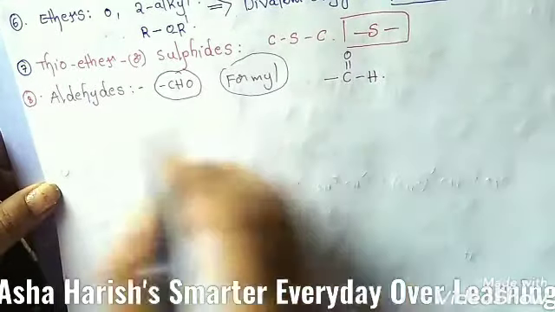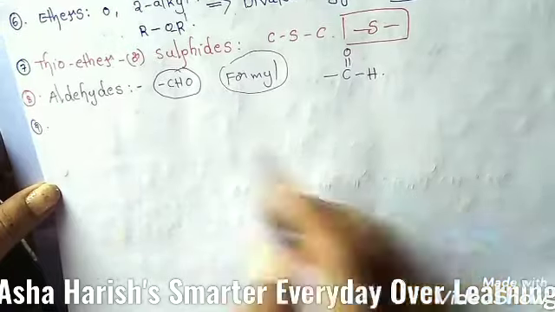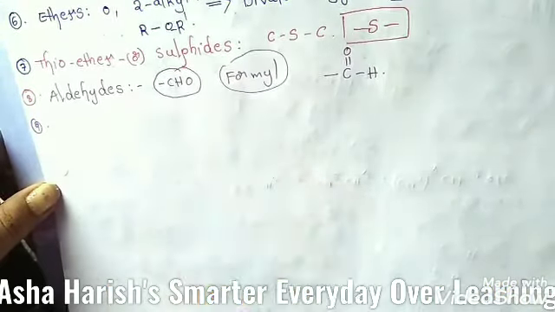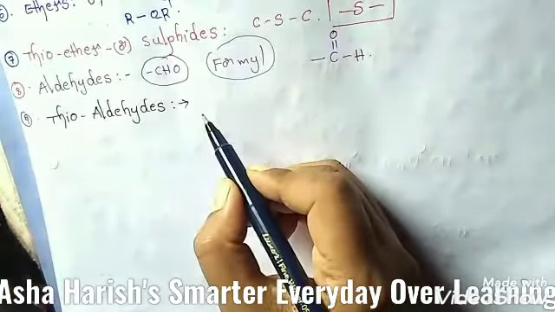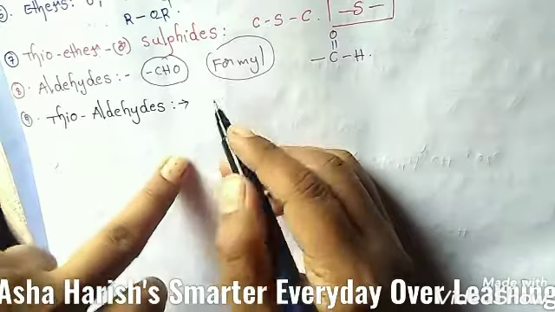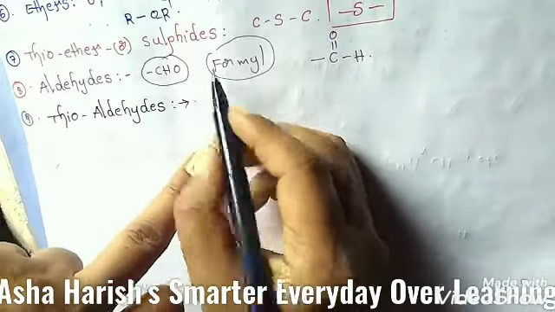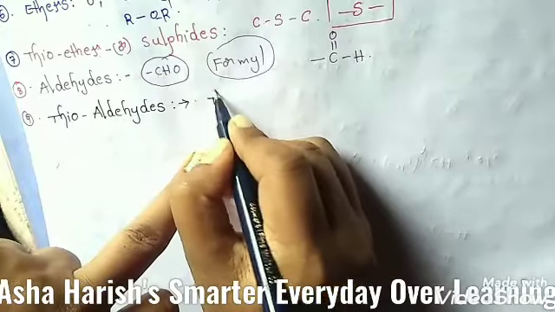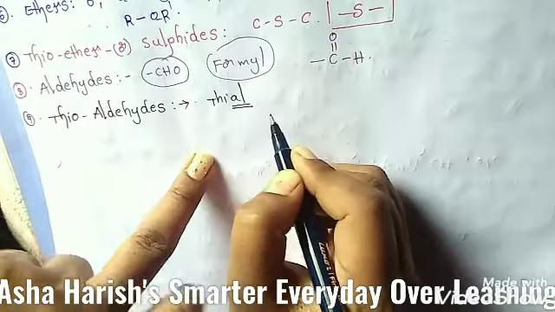Okay, right. We shall go for the next one. The 9th one is thioaldehydes. Already aldehydes are completed, and now thioaldehydes. Thioaldehydes are similar to an aldehyde group in which a sulfur atom replaces the oxygen atom of the aldehyde. You can represent these with the word thial, where al is the suffix.